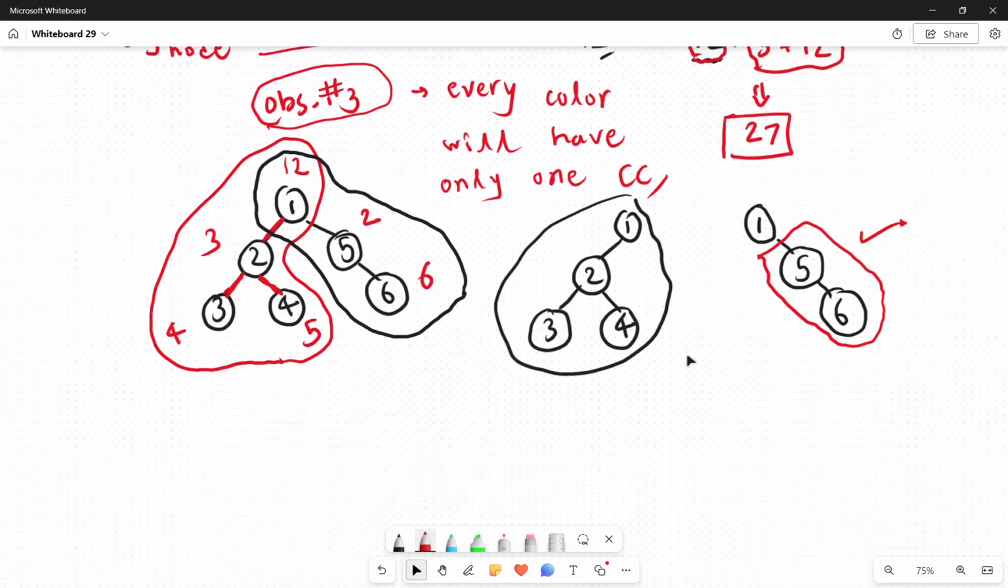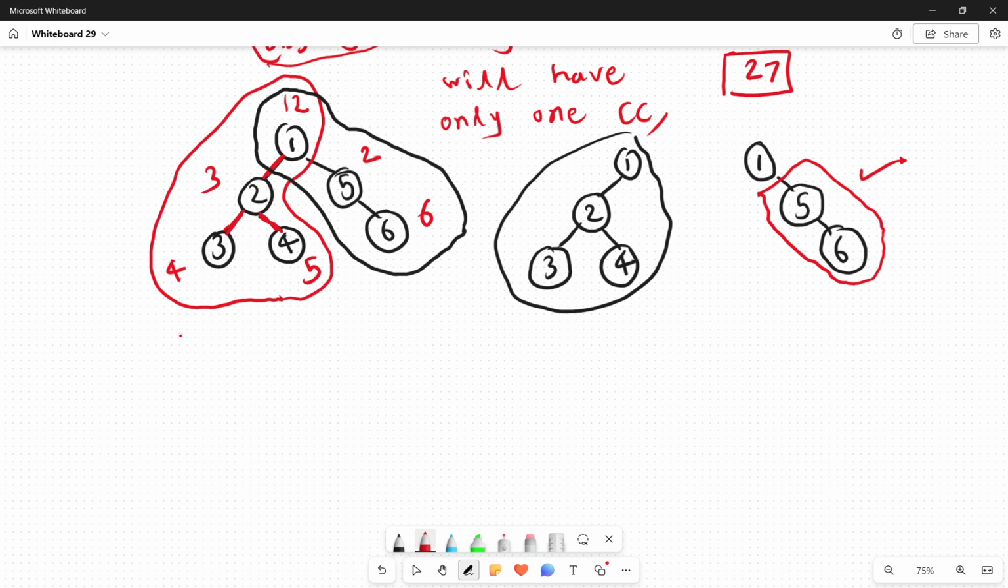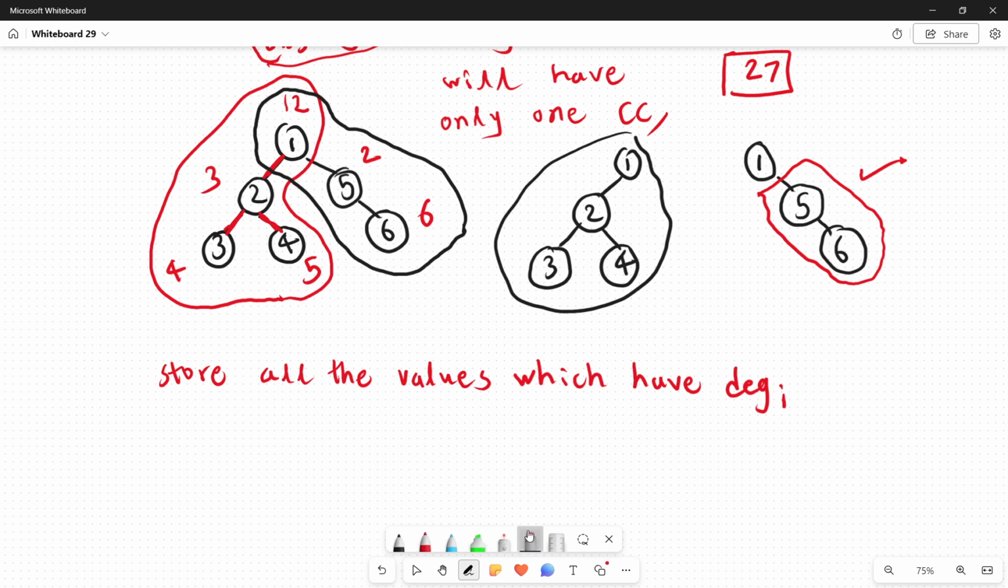So my solution would be like, I will store all the values which have degree of its vertex greater than 1.